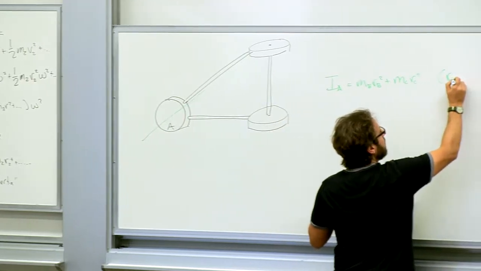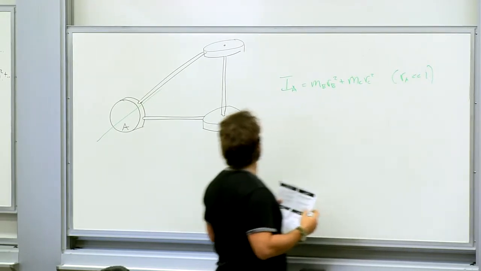This is assuming that radius A is very small.